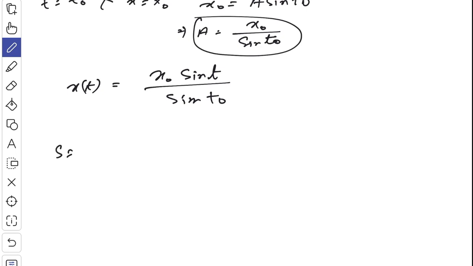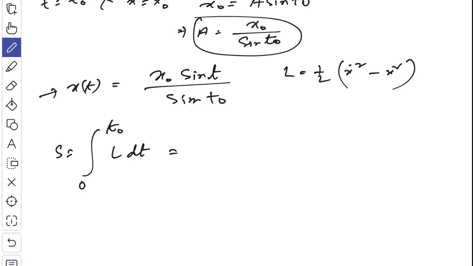Now let us find the value of action. That is S is equal to the integral from 0 to t naught of L dt. One more thing, we have got this value, so what will the Lagrangian be? We have L is equal to half x dot square minus x square, isn't it? So let us put the value of x dot and x square here.